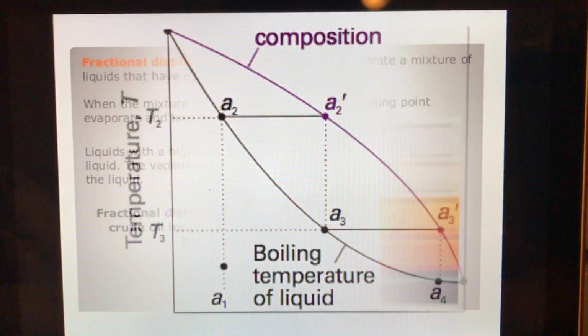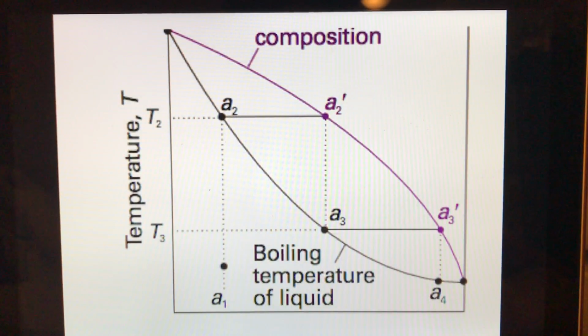Because the process of fractional distillation can be represented by a series of steps on this temperature-composition diagram here. The initial liquid mixture may be at a temperature and have a composition like that represented by point A1, for instance. It boils at the temperature T2, and the vapor in equilibrium with the boiling liquid has composition A2 prime, right here.